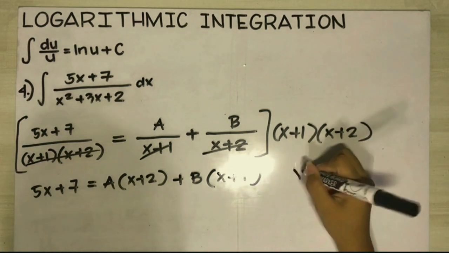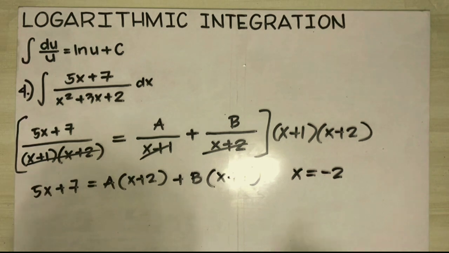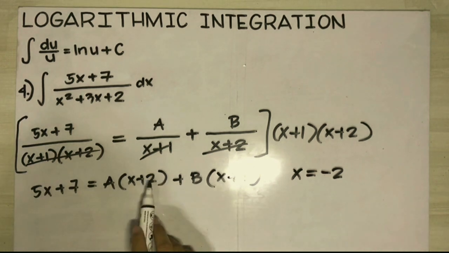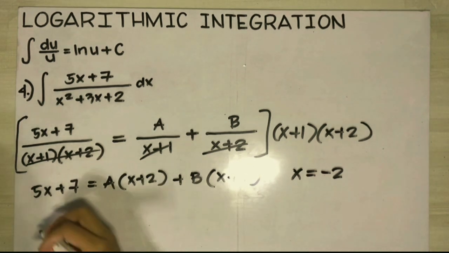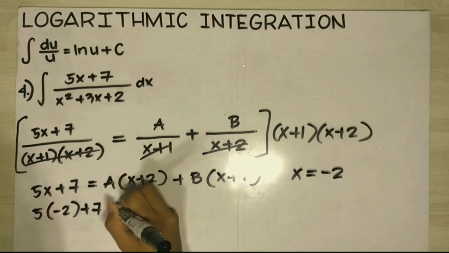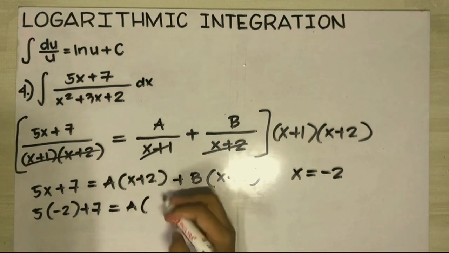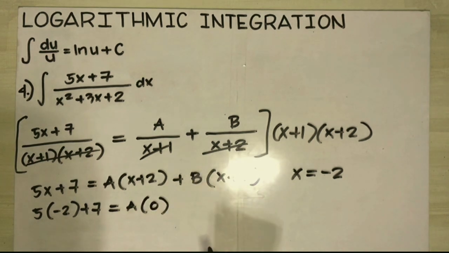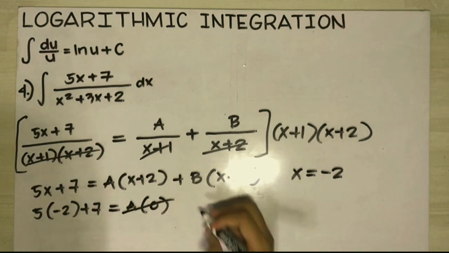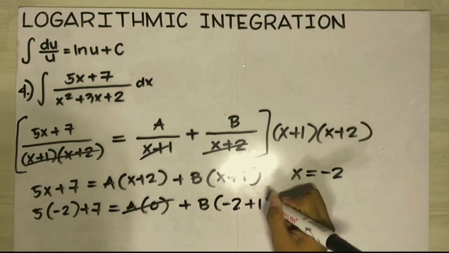If we let x equal negative 2, we can cancel this out. So, 5 times negative 2 plus 7 is equal to a times negative 2 plus 2, which is equal to 0. So this is cancelled. Plus b times negative 2 plus 1.